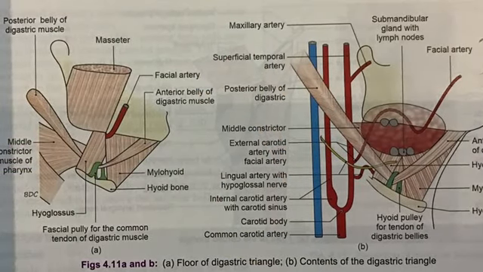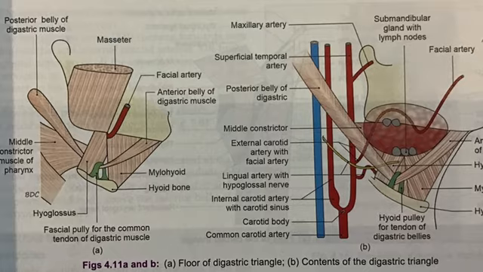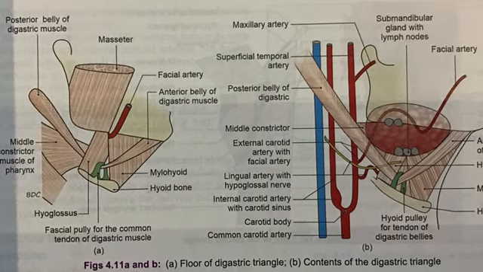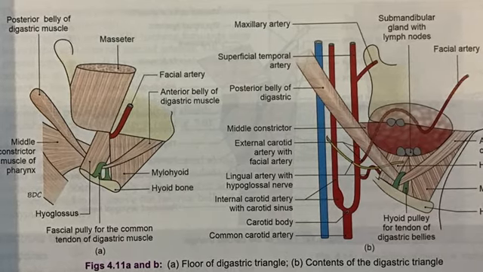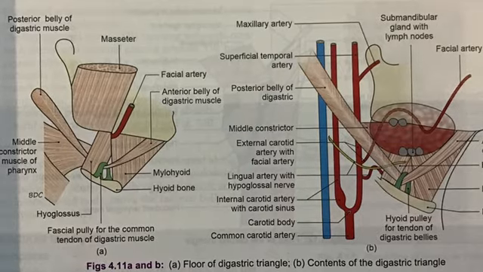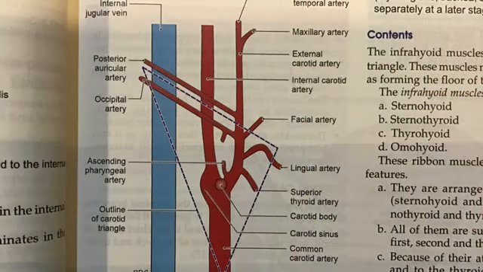This shows the floor of the digastric triangle. Again you can see the anterior belly of digastric, posterior belly of digastric, mylohyoid muscle, and floor of the tongue. This figure shows the carotid triangle, its contents and important structures.